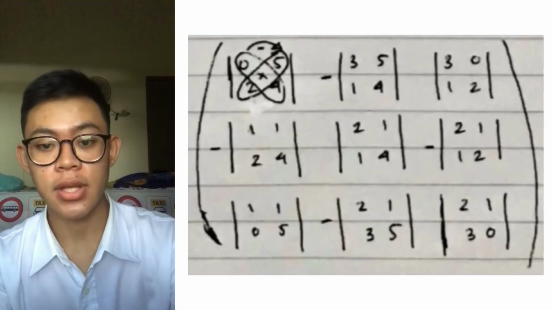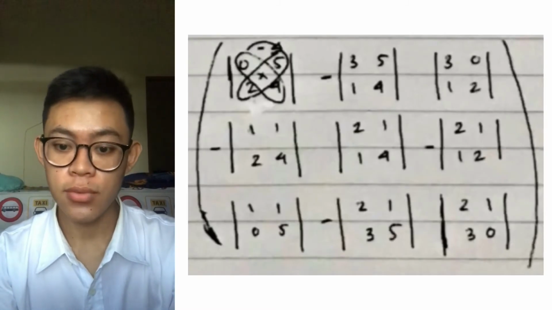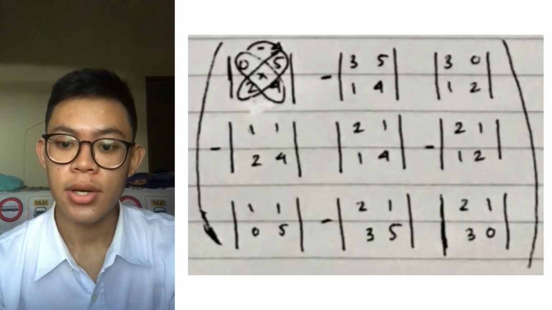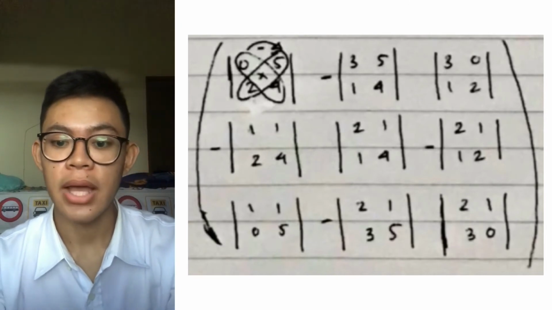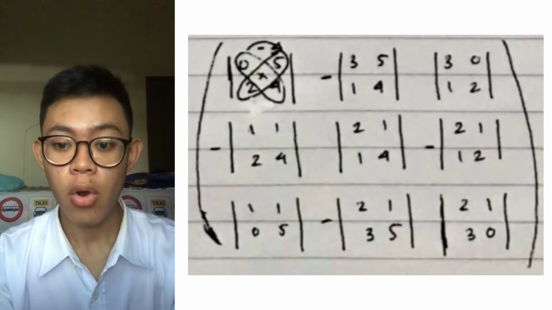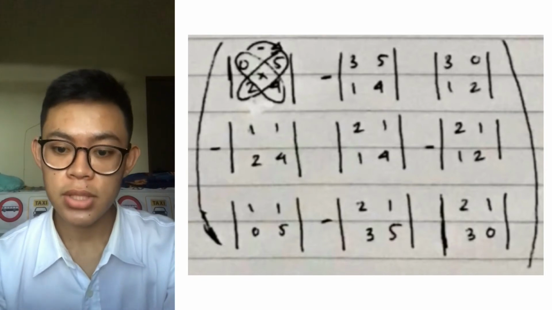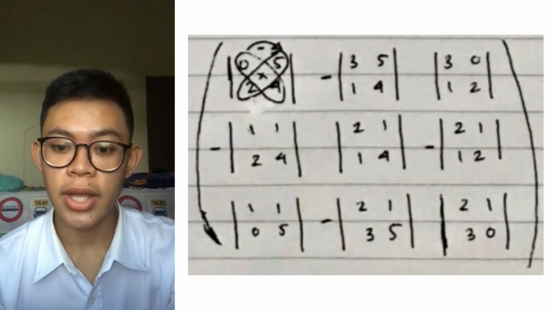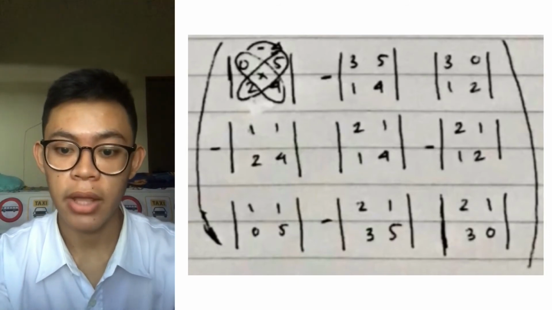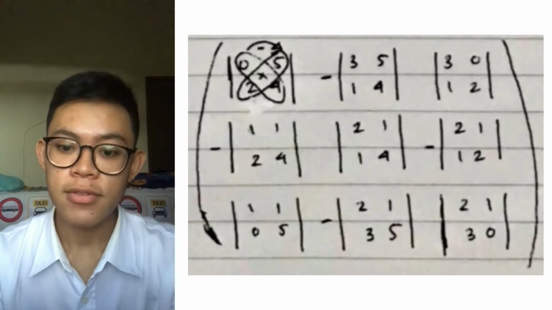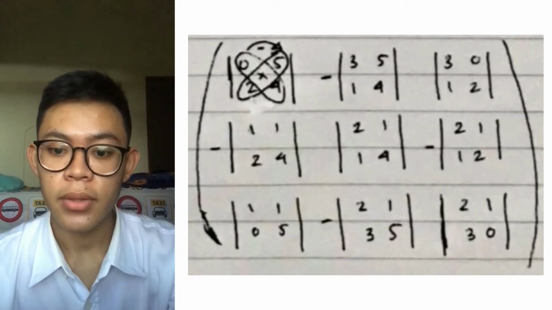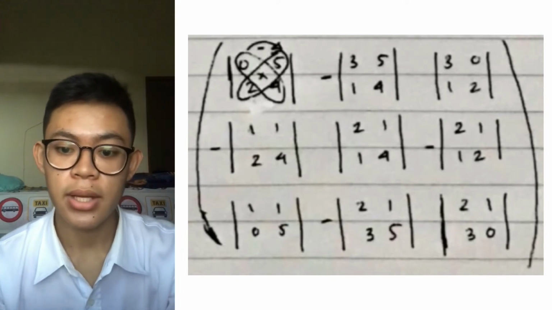So after we remove the numbers by using the formula that we just did, for example, like the first row and the first column, we get 05 and 24. We're going to do a cross multiply. So the first one, we're going to multiply the top left and the bottom right number. So it will be 0 multiplied by 4, and then we're going to multiply the top right and the bottom left numbers. So we're also going to multiply 5 by 2. After that, we're going to subtract the result from the first multiply to the second one.